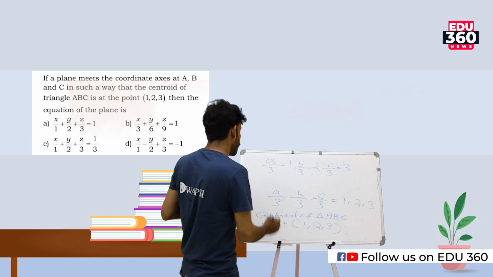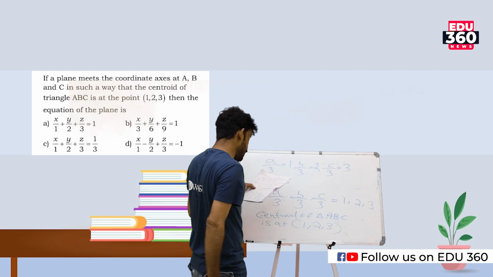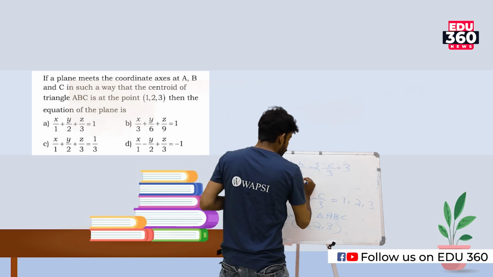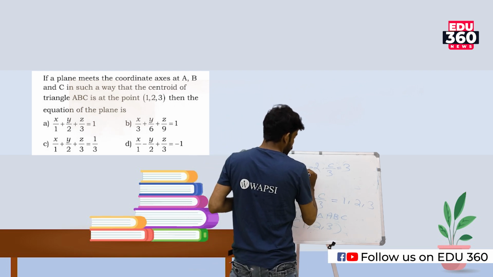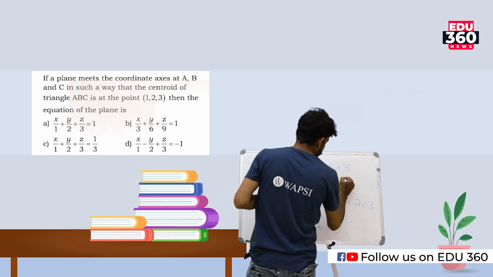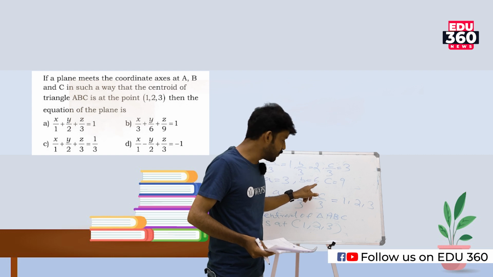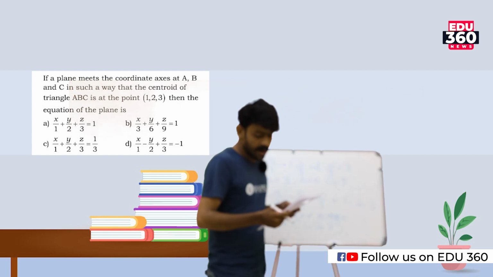So hereafter we can write A is equal to 3, B is equal to 3 into 2, that is 6, and C is equal to 3 into 3, that is 9. Okay, so A is equal to 3, B is equal to 6, and C is equal to 9.